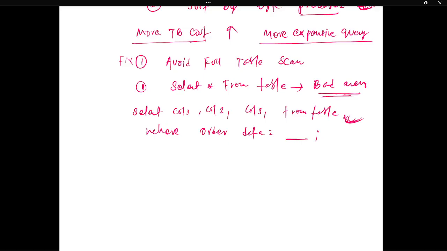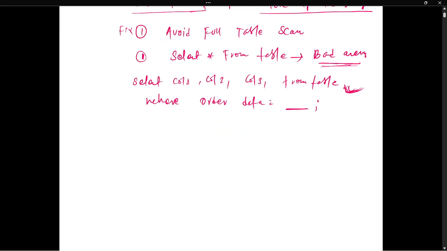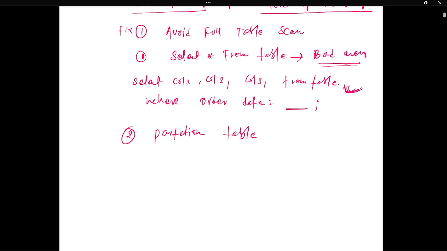What is the other fix we can do? The second fix is to use a partitioned table. How to use it?